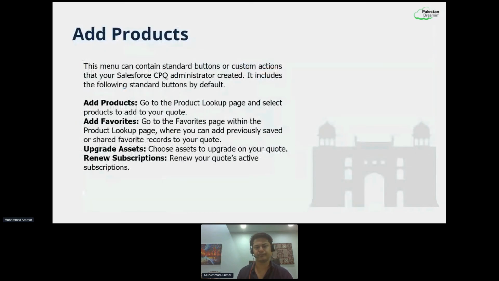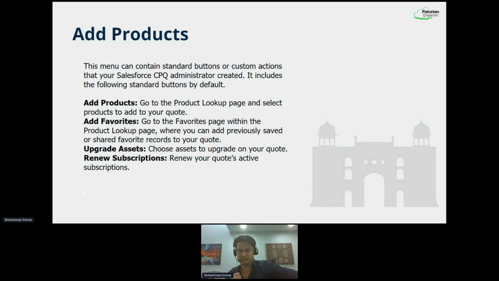First is add products. This is how you can add products to your quote. This is the standard button, and you can have custom actions related to this standard button as well. What it does is add products to your quote from the product lookup.